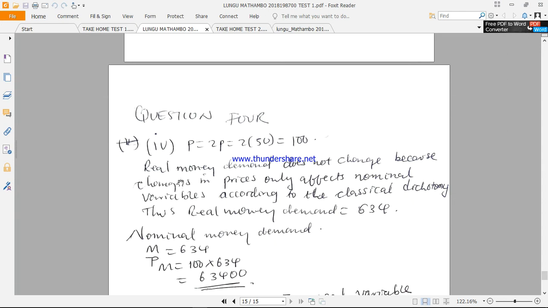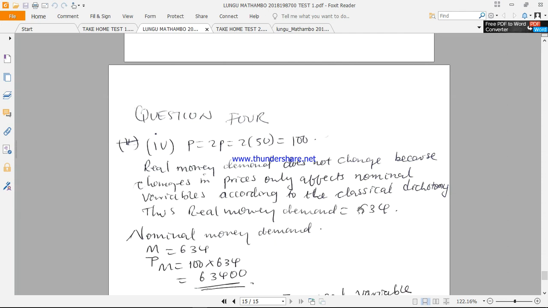So we expect the real money demand to remain unchanged, 634, just like that. In case you're wondering why, the reason is the classical dichotomy, which I'm explaining: there's a separation between real variables and nominal variables.